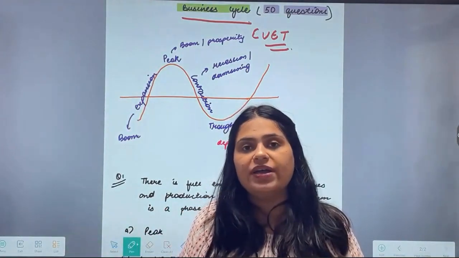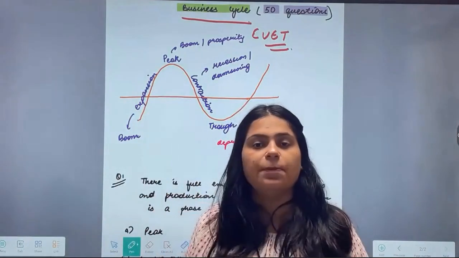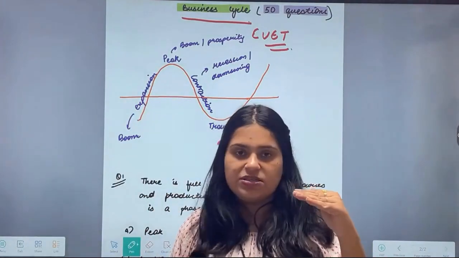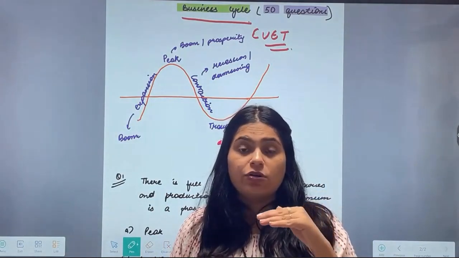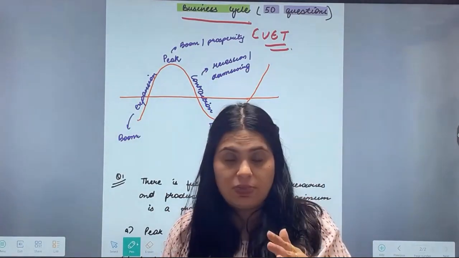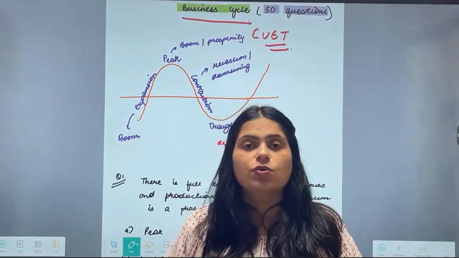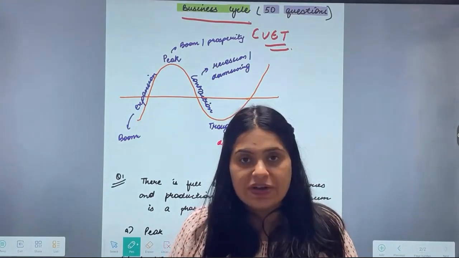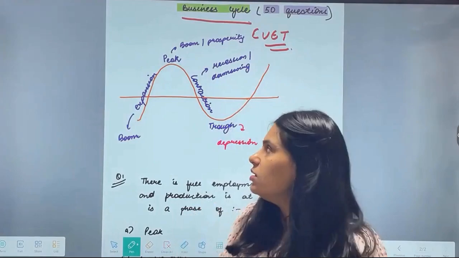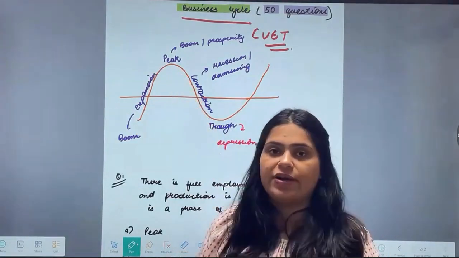Then we reach a phase known as the peak. Peak means the highest point. It means you have your maximum full employment level, your maximum level of output, and prosperity all around, right? And then you start with the period of contraction.